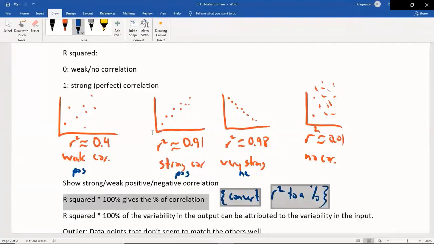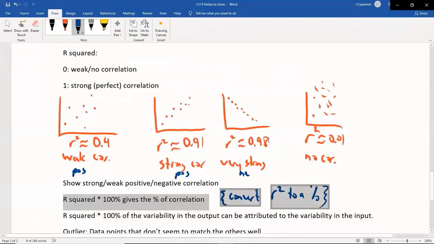So if you have an R squared of 0.4, that means there's 40% correlation between these two things. If you have an R squared of 0.91, that means there's a 91% correlation, which means if one thing changes, you'll be able to predict that with 91% accuracy, basically, in the other thing. And again, it doesn't mean causation, it's just correlation.